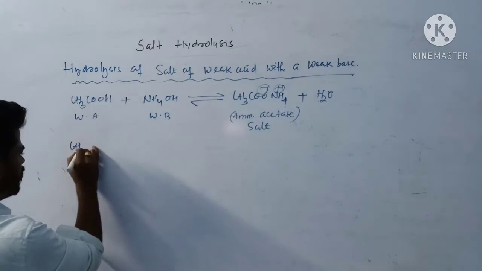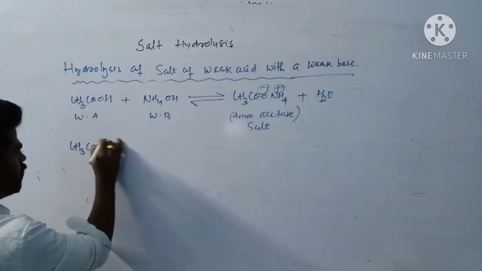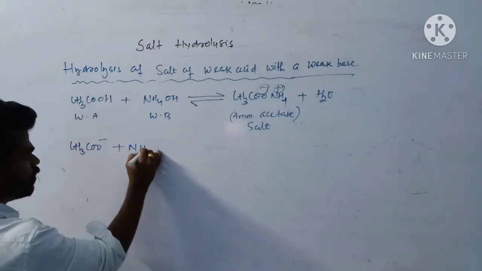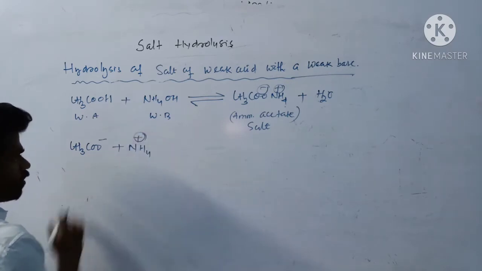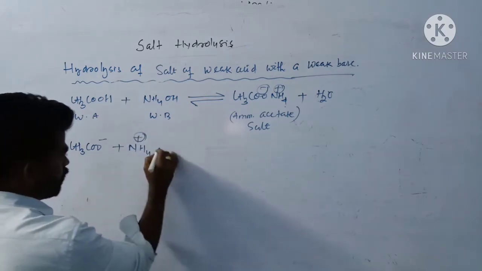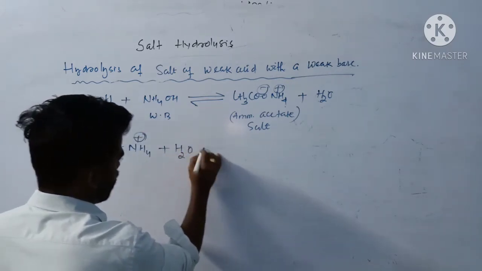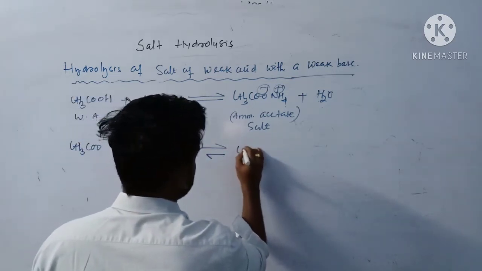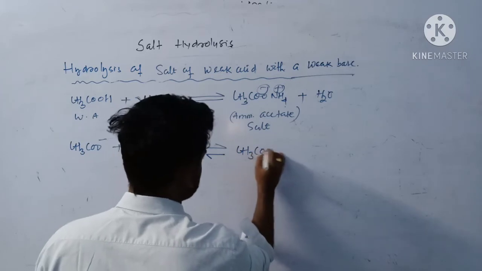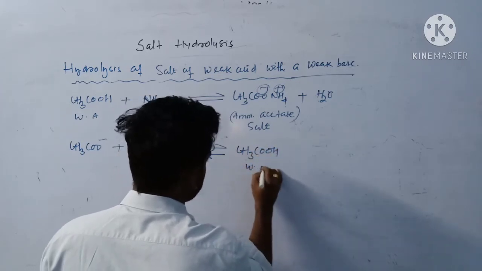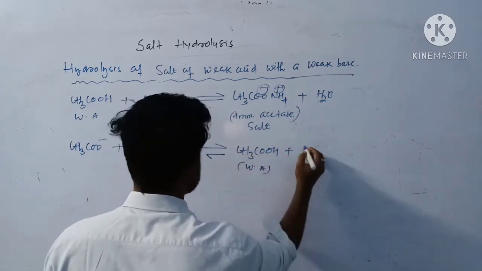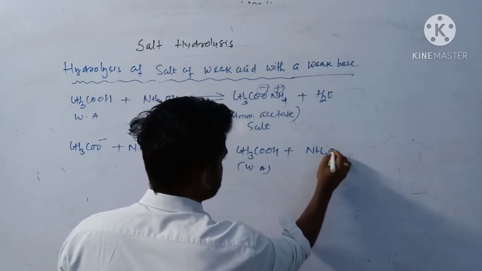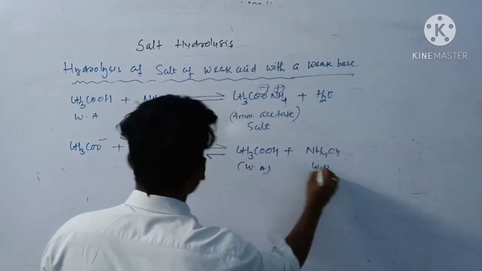CH3COO minus plus NH4 plus, the salt, plus water, giving rise to CH3COOH, weak acid, plus NH4OH, weak base.